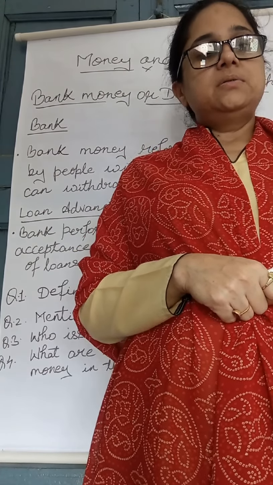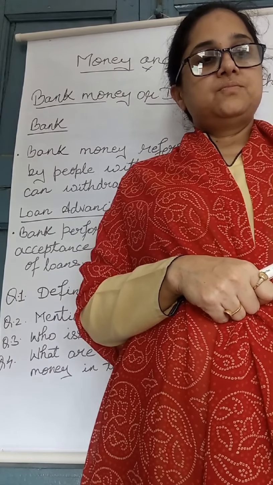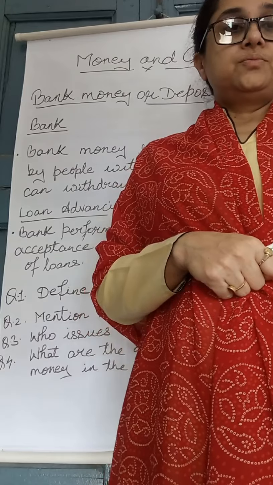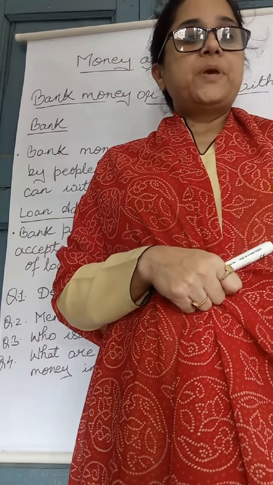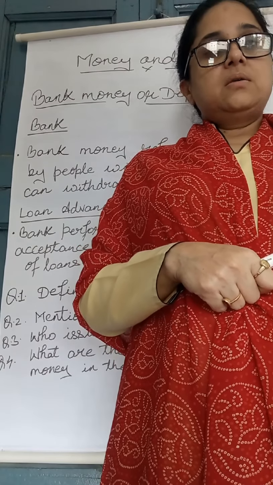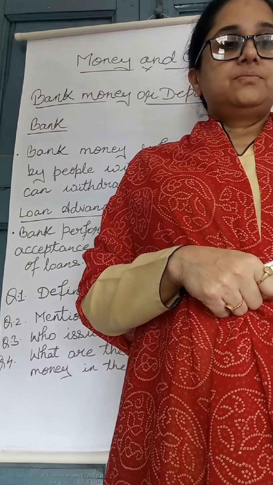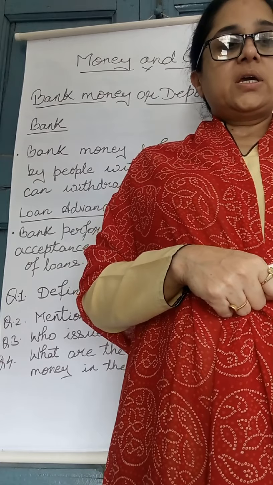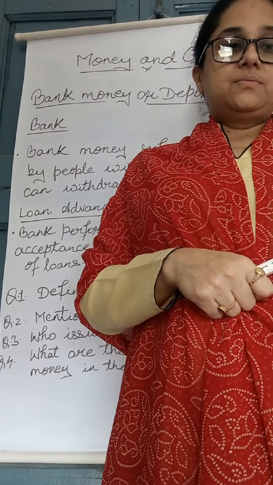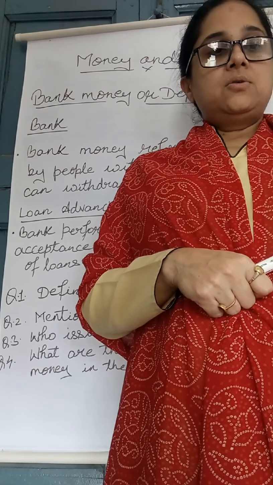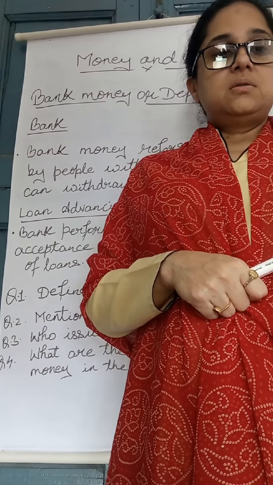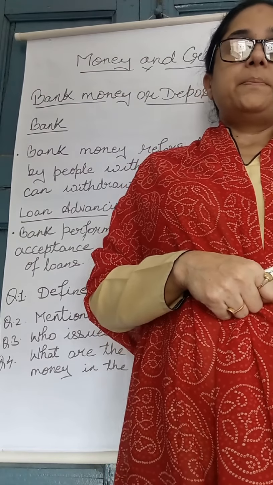Now another example. If Suresh Kumar wants to withdraw rupees 50,000 in cash for making some payments, he will write a check to self and will present the check to his own bank.